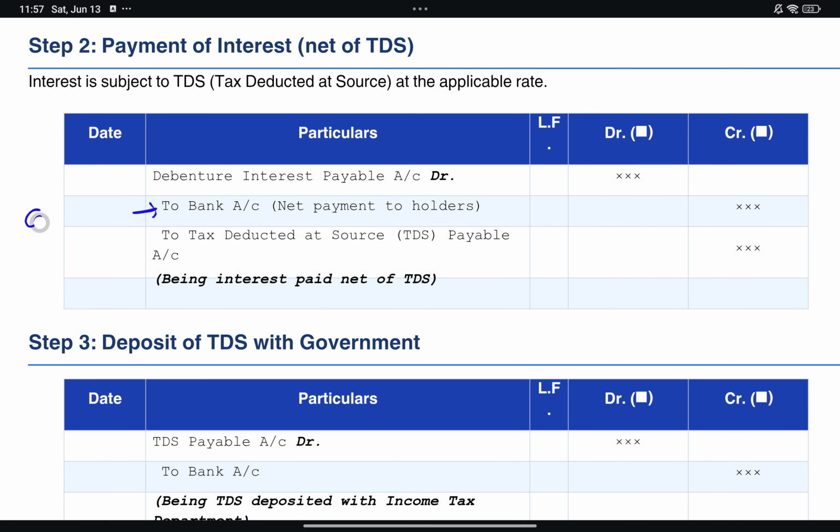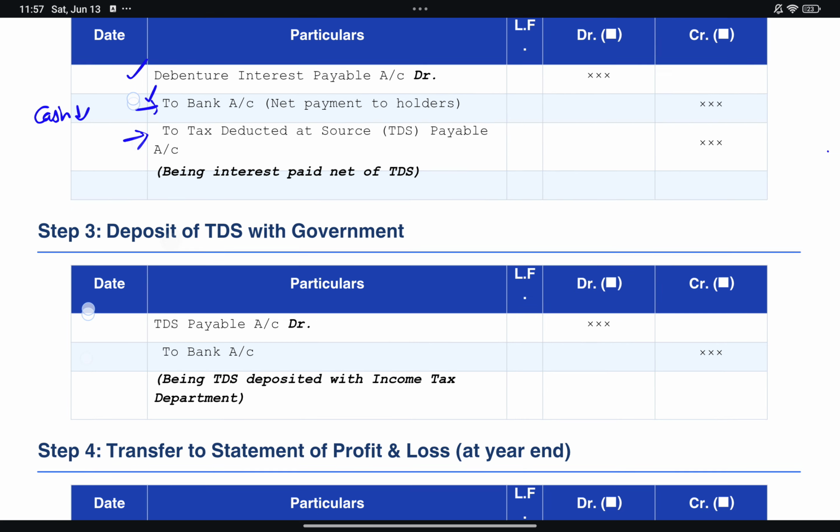Because cash is going out of the company, so we are crediting bank account. Got it? And we also have to deduct tax, which is known as TDS, tax deducted at source. So from the total interest payable, after charging TDS, the net amount will be credited to bank, and the TDS amount will be credited to TDS payable account.